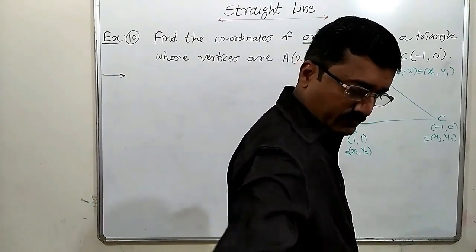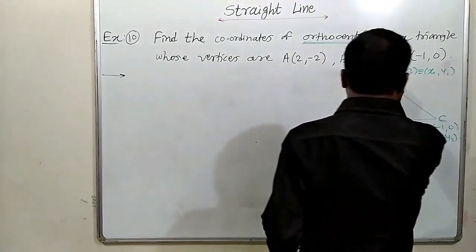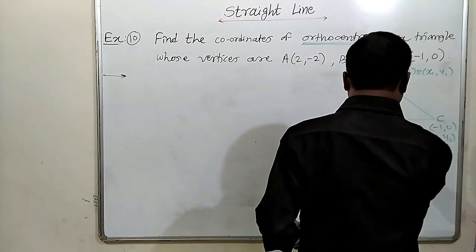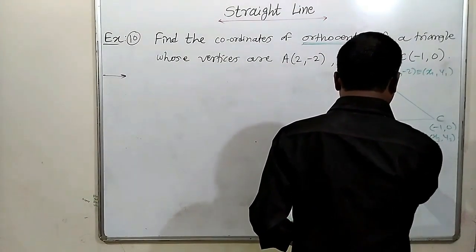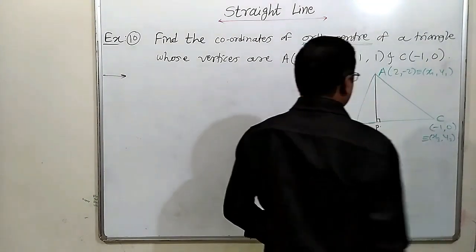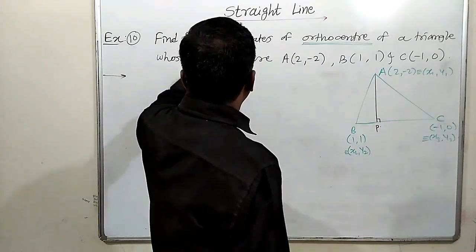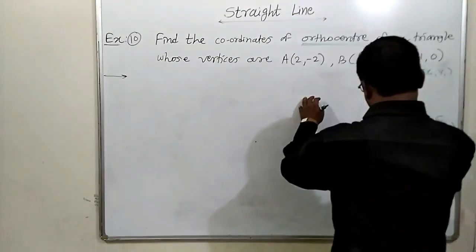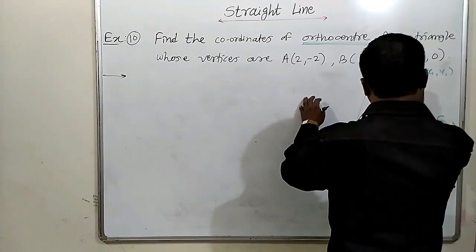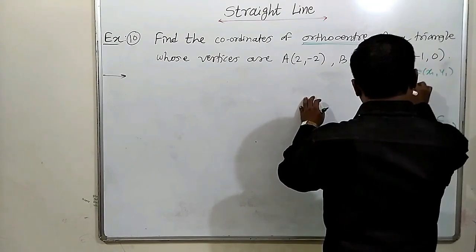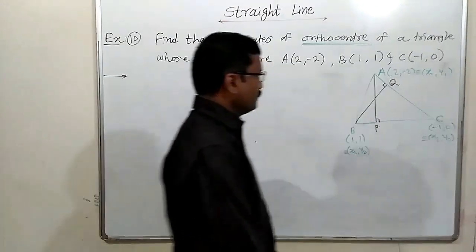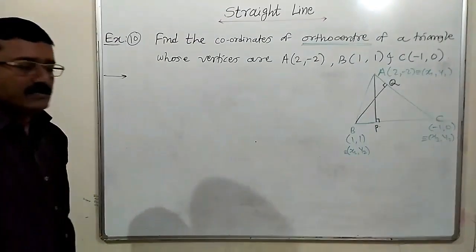Let this AP be the altitude on side BC. Then BQ is another altitude corresponding to side AC.